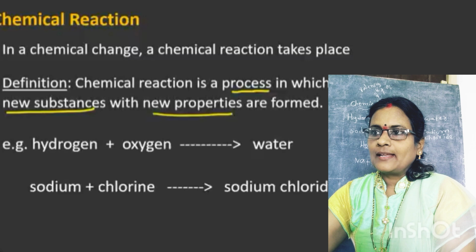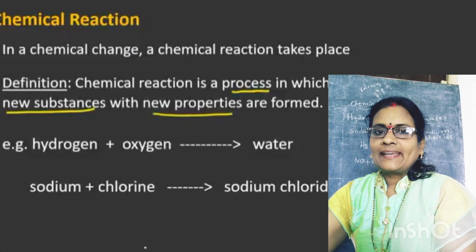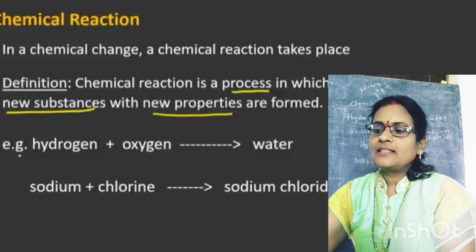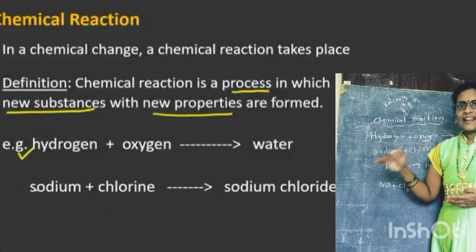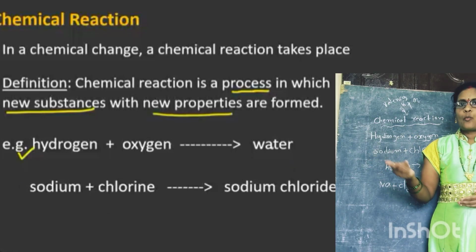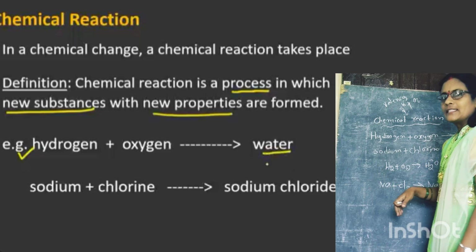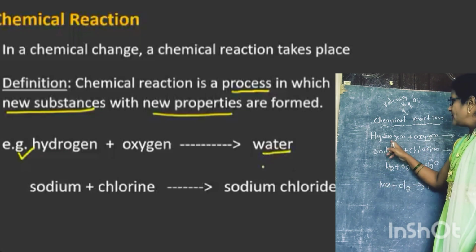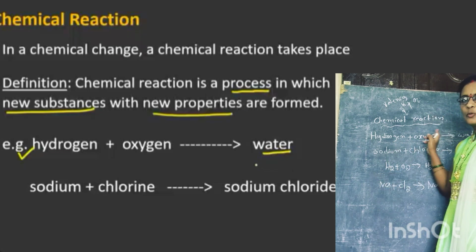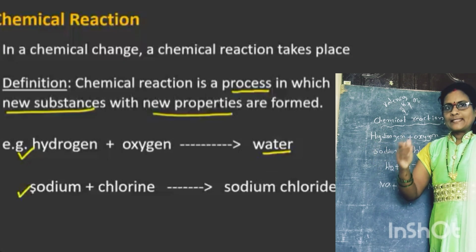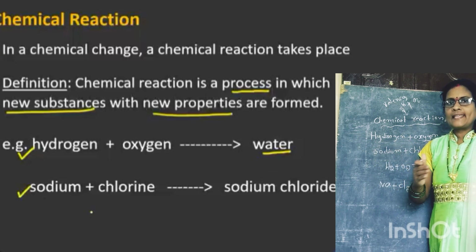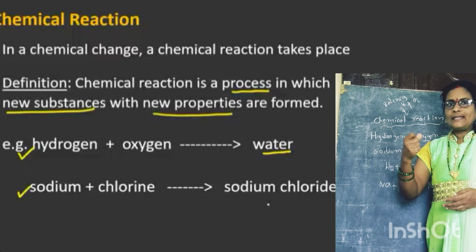So, as you can see here, a chemical reaction is a process in which new substances with new properties are formed. So, the important thing is something new needs to be formed in a chemical reaction. But in a physical change, you know that no new substance is formed.